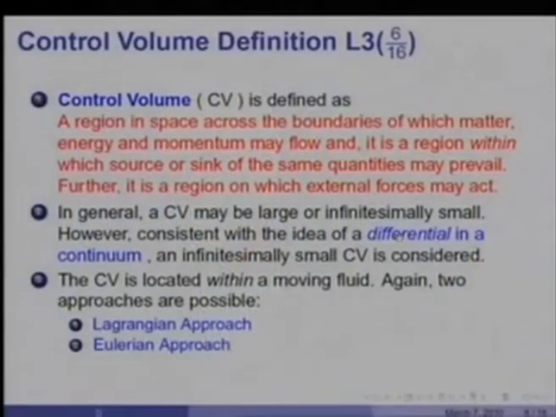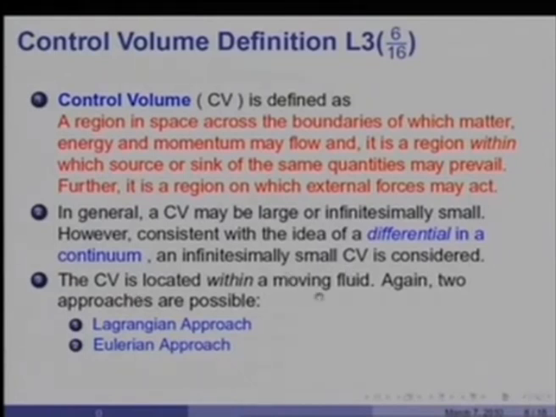In other words, when dx becomes very small, or the two points are brought very close to each other, a derivative is defined. The notion here is very similar. We want to represent our laws in terms of differential equations, and so in order to be consistent with the idea of a differential in a continuum, we shall consider an infinitesimally small control volume.